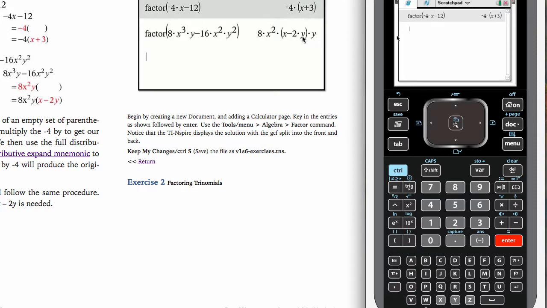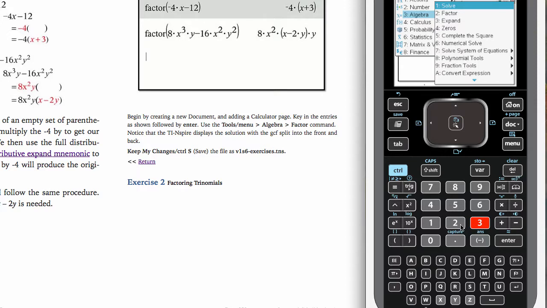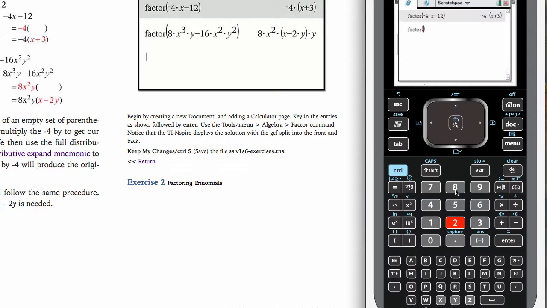Let's go ahead and do the next one. So we'll press menu, press algebra, press factor, type in 8, then x, then cube this, so we'll raise it to the third power. We'll move down, then it's times y. Let's go ahead and put in the times sign, because when you start dealing with two letters, if they're right next to each other and you don't have an exponent involved, you'll get the wrong answer because it will be read as one variable.